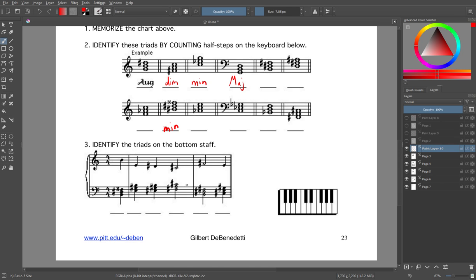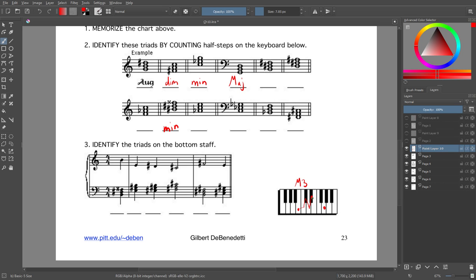Now number 3, we're going to identify triads on the bottom staff here. And we're going to go ahead and do this one because of that double sharp in there. Still use the keyboard and counting half steps. We're in bass clef. So we have B, D sharp, and F double sharp. Let's see what this is. So we have 1, 2, 3, 4, major third.